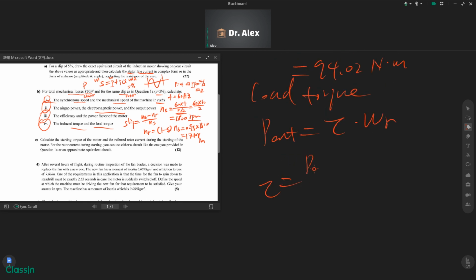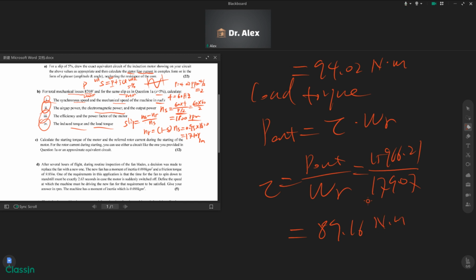So tau equals P out divided by omega r, which is 15976.21 divided by 179.07, which is 89.22 Newton meters. All right, that's all the solution for part B. Hope you enjoyed. Thank you. See you soon. Bye bye.